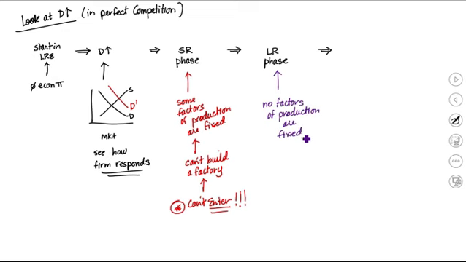So if in the long run no factors of production are fixed, then we can build a factory. So it's a period that's long enough for me to be able to buy land and build a factory. So if I can buy land and build a factory in the long run, can I enter in the long run? Yeah. So we can see entry.